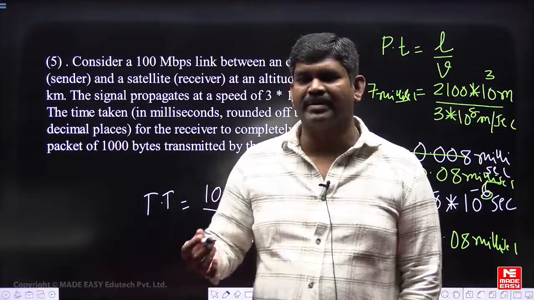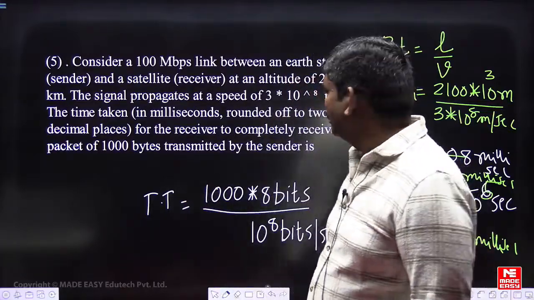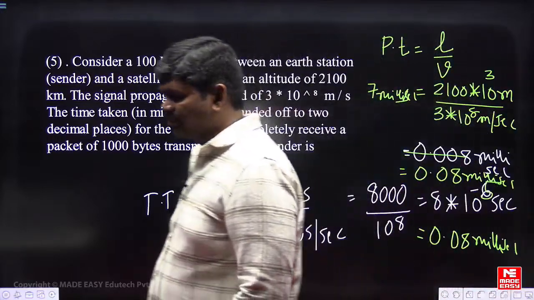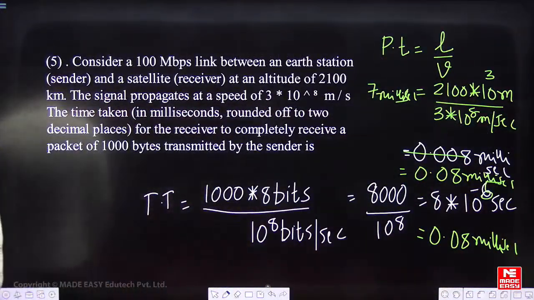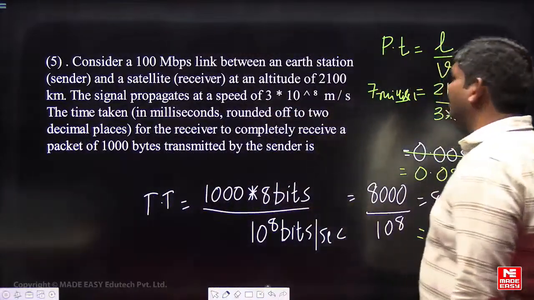So if the question is precise, you can give a complete and clear answer like this. The answer is 7.08 milliseconds.